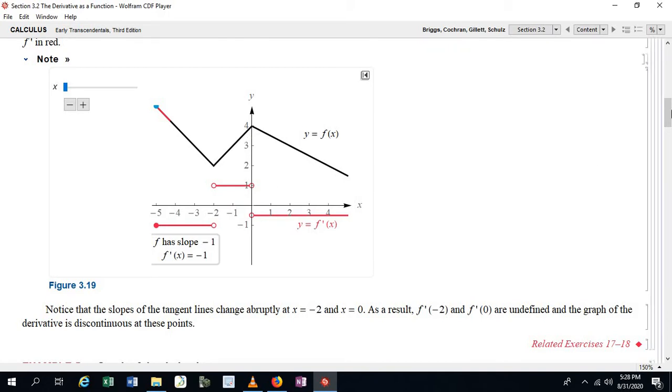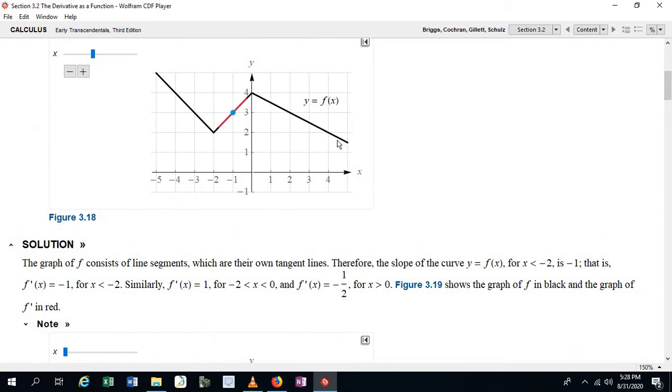Now let's look at the x values on the other side, when x is above 0. Let's go to x equals 2. f prime evaluated at 2 would be the slope of this tangent line at 2. Looks like for every 2 that I run, I drop 1.